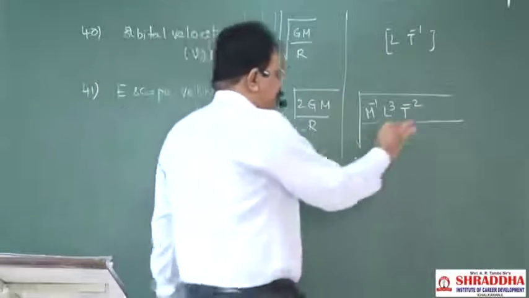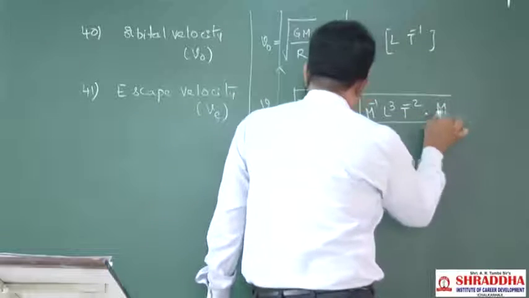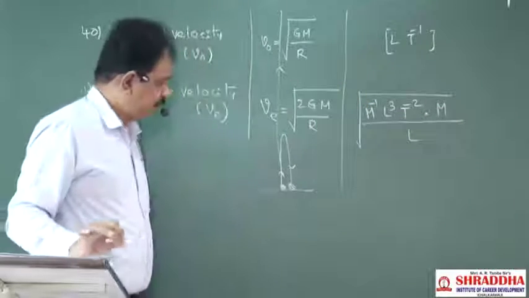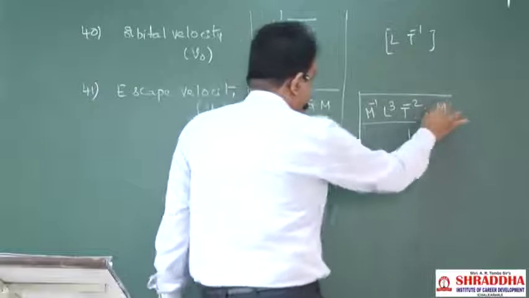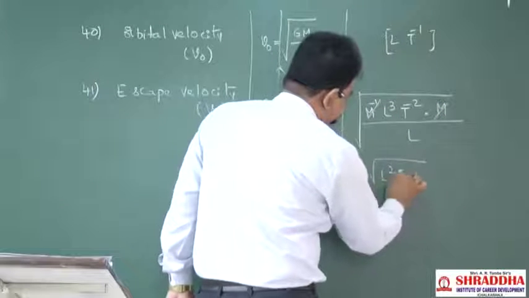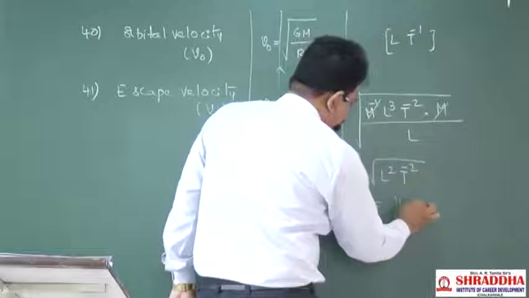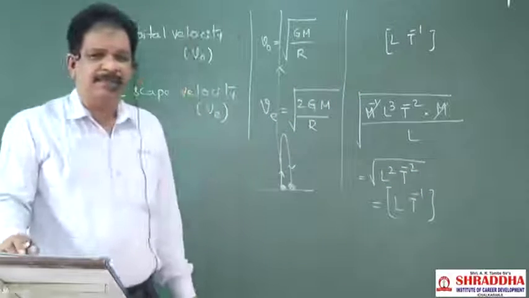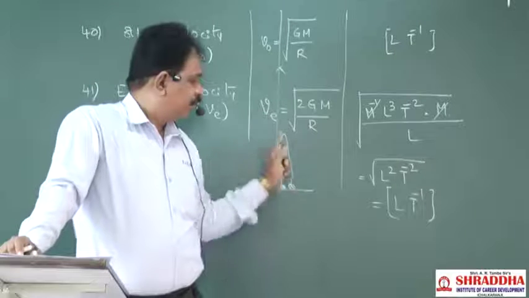M is mass, it will be M. R is radius, it will be length. Just like previous, we will get L square T power minus 2, whose root is L T power minus 1.